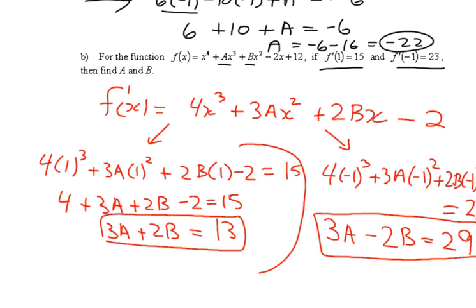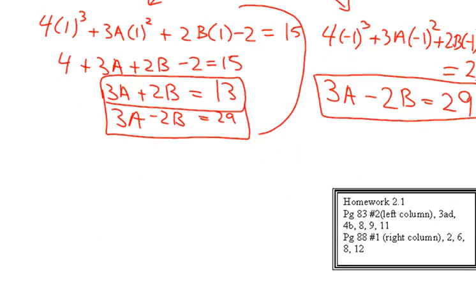How many feel like subtracting them? Okay, so you can do either one, right? Both of them will work. You can either add them or subtract them. Let's write them underneath each other. I want to add them.